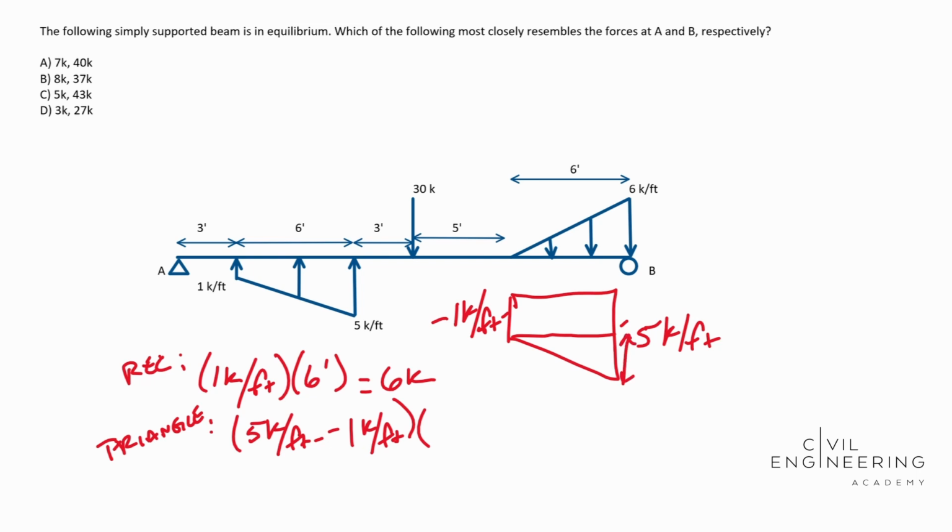So that's why we subtracted there. We need to multiply that by the distance, which is 6 feet. And since it's a triangle, we're going to have to multiply it by half. So with all that said, you're going to end up with 12 kips being your force in there.